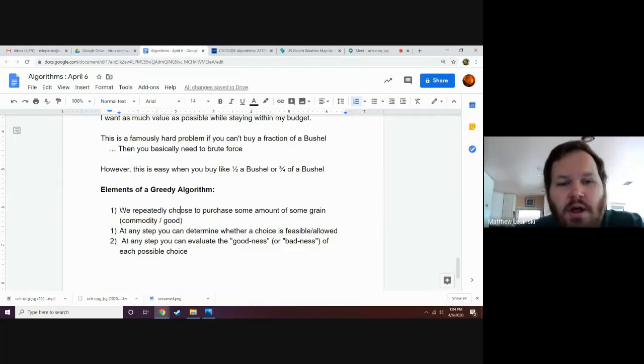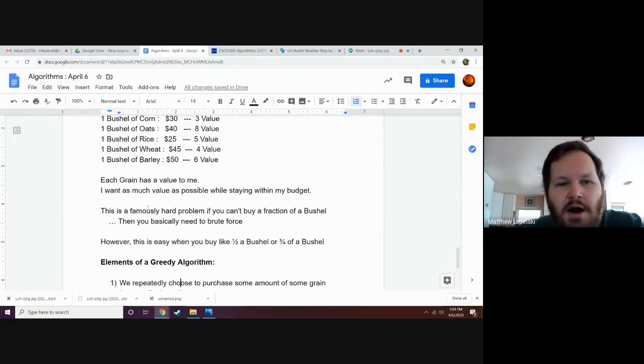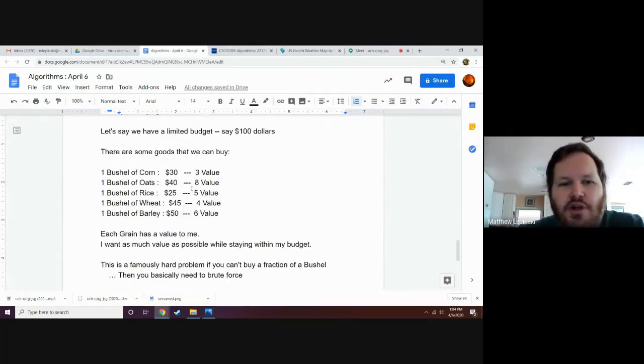The way I'm going to build up a solution is, first I'm going to buy some amount of corn, then I'm going to buy some amount of barley, and then some amount of rice.